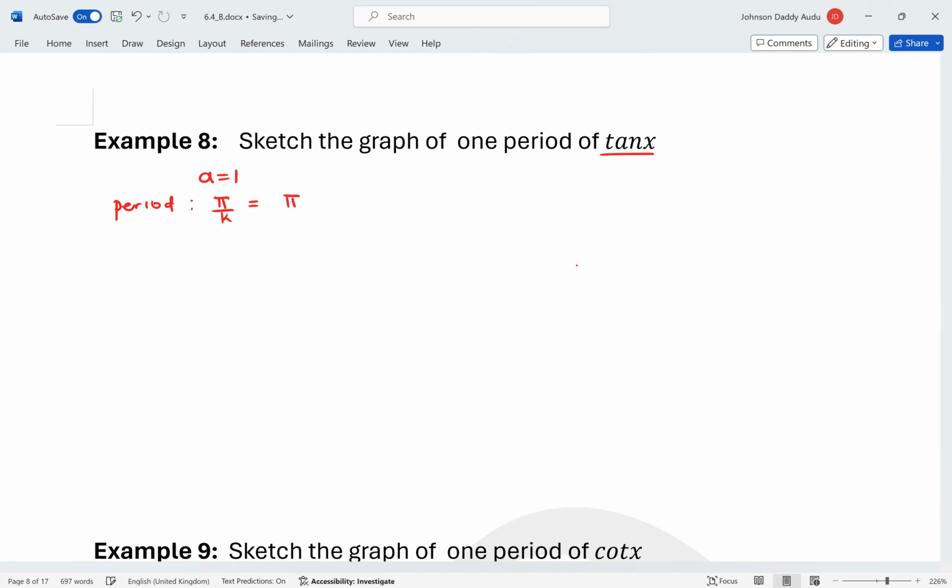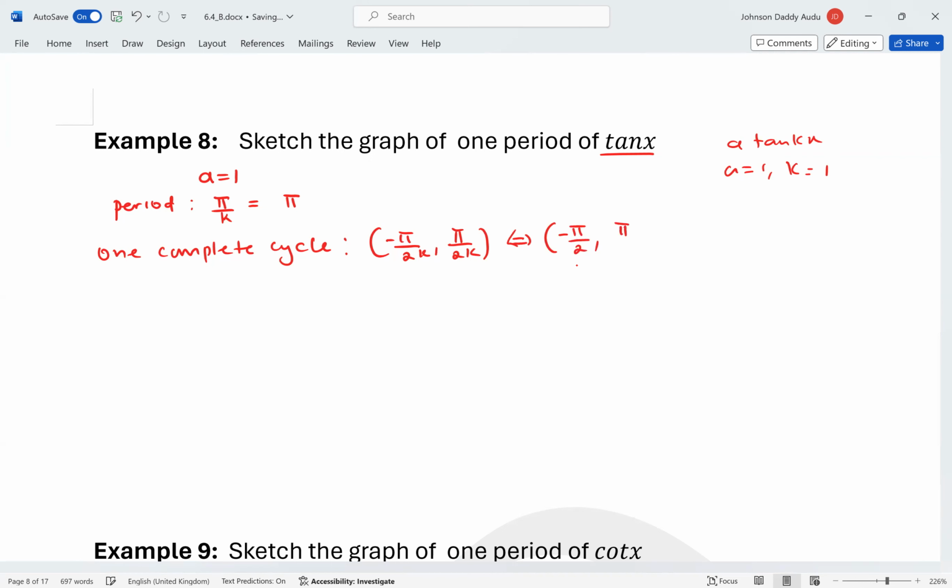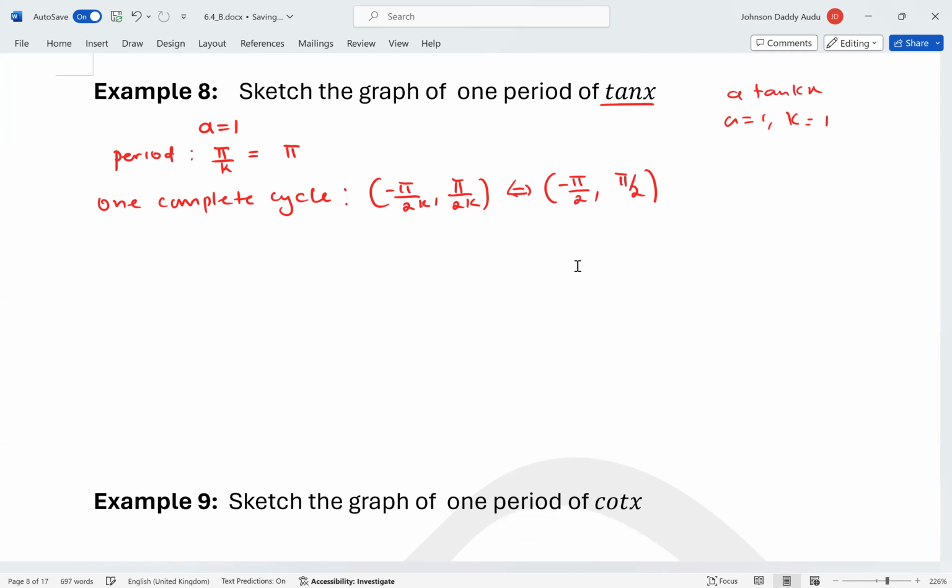If you compare with a tan kx, you see a is 1 and k is also 1. So let's see one complete cycle. One complete cycle will be from minus pi over 2k to pi over 2k. If you substitute k equals 1, it's going to be from minus pi over 2 to pi over 2.